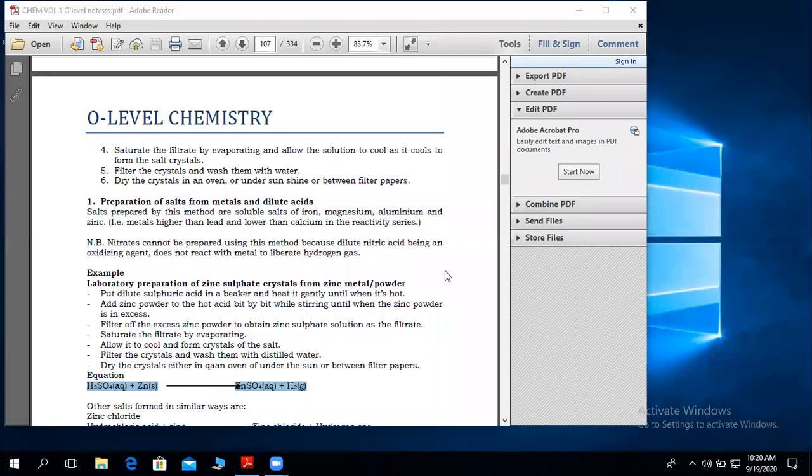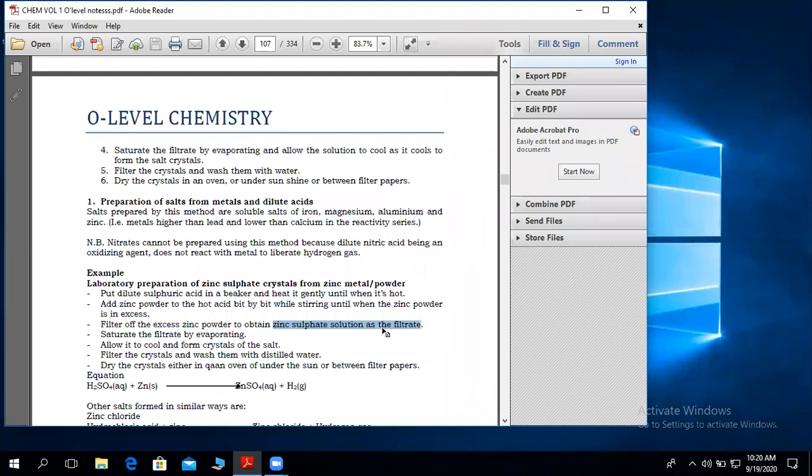Then what do you do after that? Filter the excess zinc or undissolved zinc. And then when you filter, you obtain zinc sulfate solution as the filtrate.